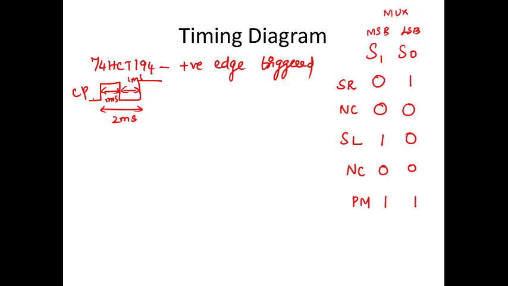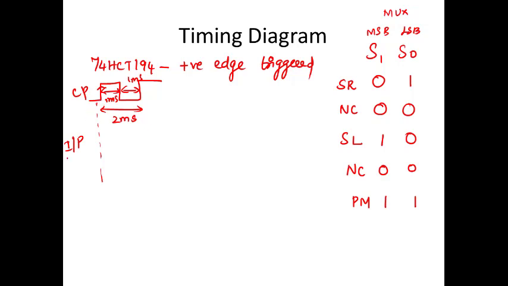So positive edge triggered clock means during the rising edge of the clock, whatever input is present. So my input has to be present before the rising edge of the clock. If it is like that, it will be easy for us to visualize the output.